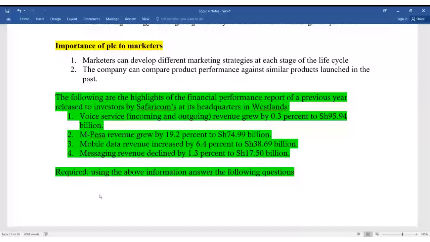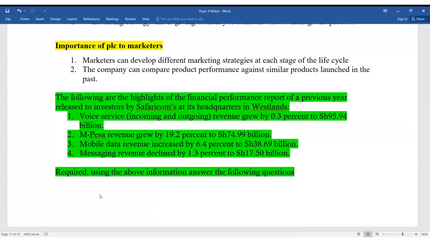So when asked what Safaricom does to maintain the growth of these products, what do you think they are doing? You'll find that they give Story bonus. Story bonus is meant to maintain this level of performance.